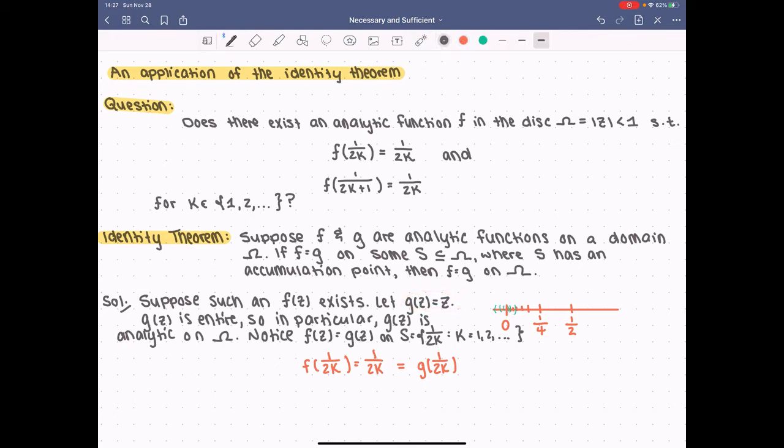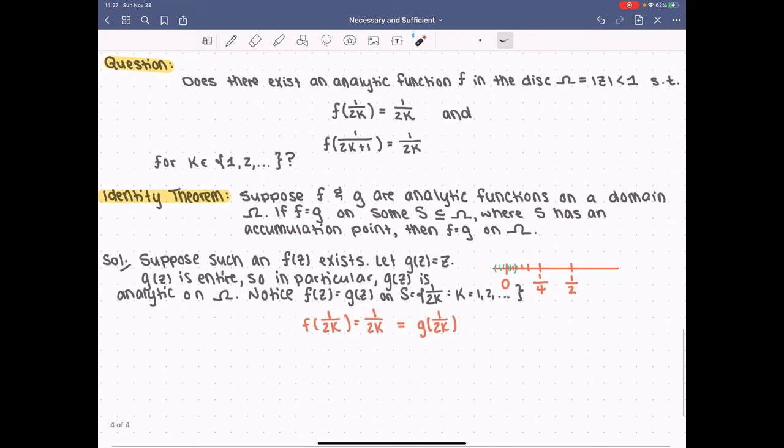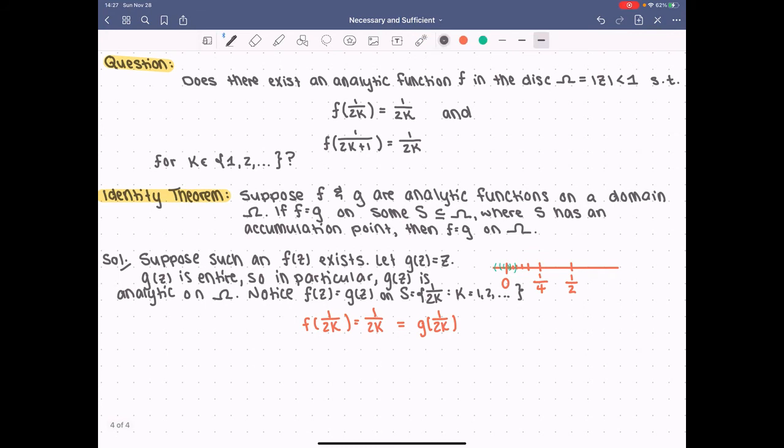So then from our above observations, we know that s has a limit point. It's a subset of the unit disk. And we know that f of z and g of z are equal to each other on that set. So then the identity theorem implies f of z has to be equal to g of z on the whole set omega.